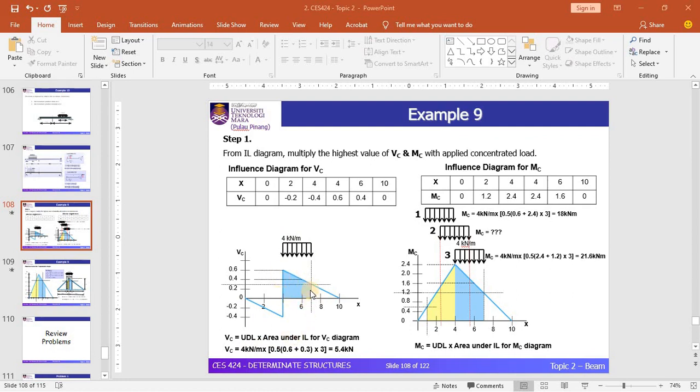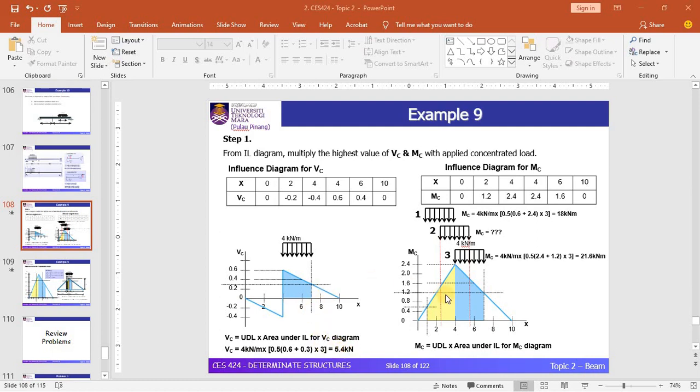The shape of this area is trapezoidal. So based on the trapezoidal area equation, you can determine the area of this shaded area and multiply with 4, and you can see that the maximum shear force at point C is equal to 5.4 kN. Okay, so that's it for the shear force. We have done getting the value of maximum shear force at point C.